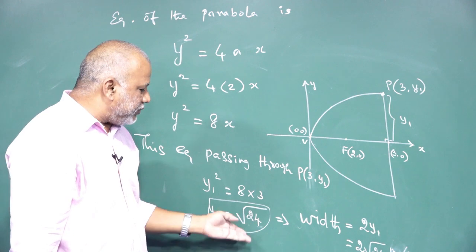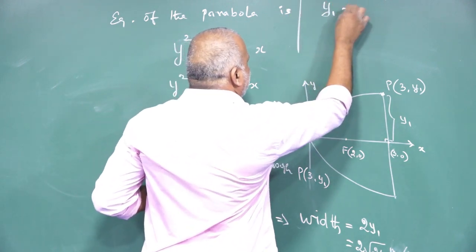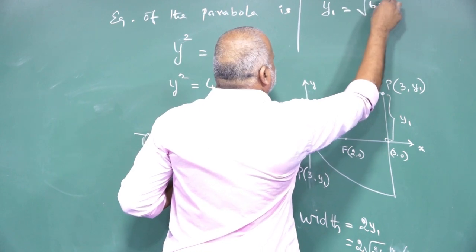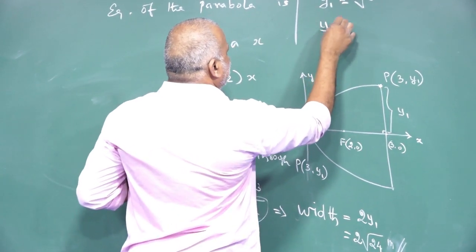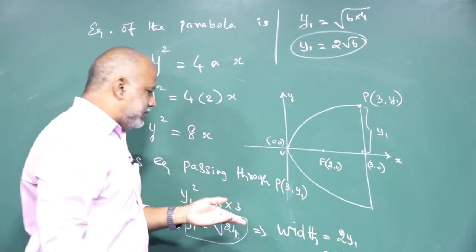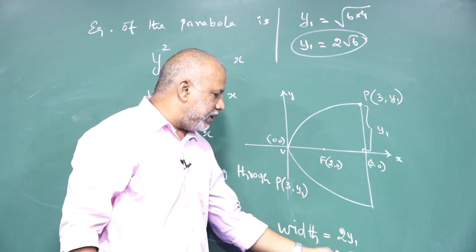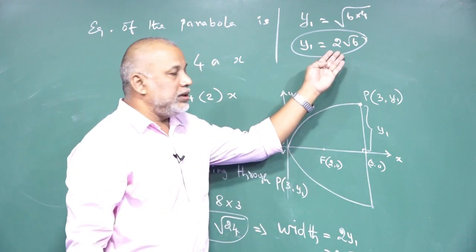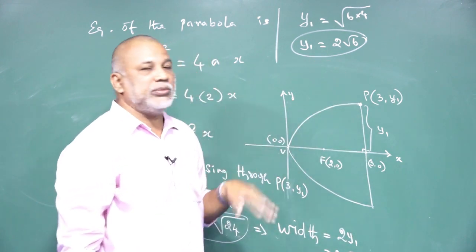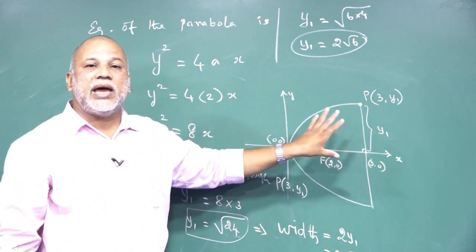This square root of 24 may be simplified, if you want. That means y1 equal to root of 6 into 4, so y1 equal to 2 root 6. Then we need 2y1, so you can replace this number also. This is the value of the width of this antenna.